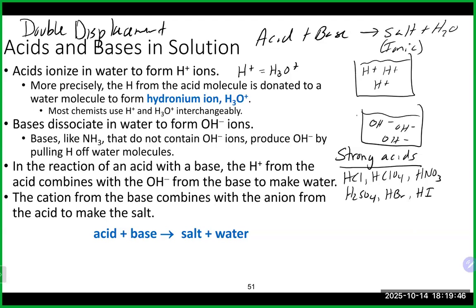This list of 6 are strong acids, and the reason it's good to know is that if you come across something you can identify as an acid and it is not one of those 6, then it's probably a weak acid, which means it's a weak electrolyte. Most weak electrolytes are weak acids and maybe weak bases as well.